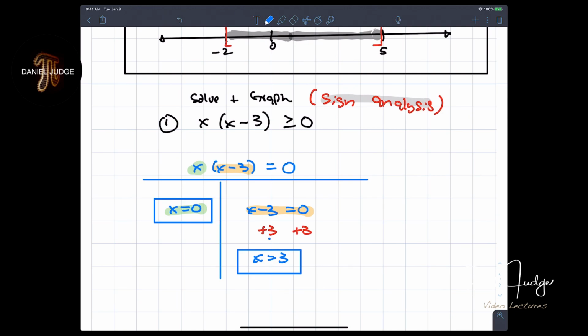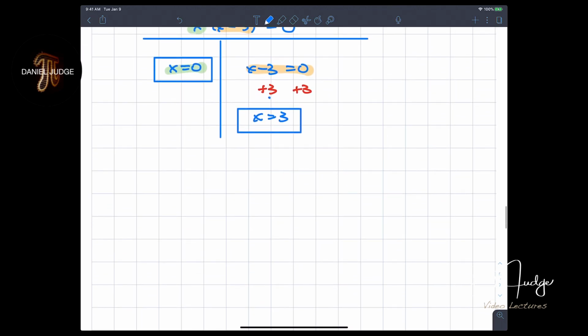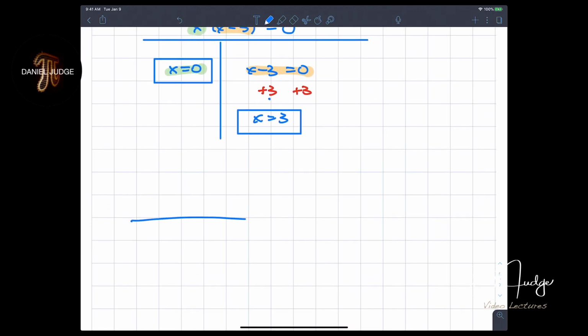These are the numbers that we use, ladies and gentlemen. And you say, how do we use this? We partition the real number line. These are the numbers that partition the real number line, 0 and 3.